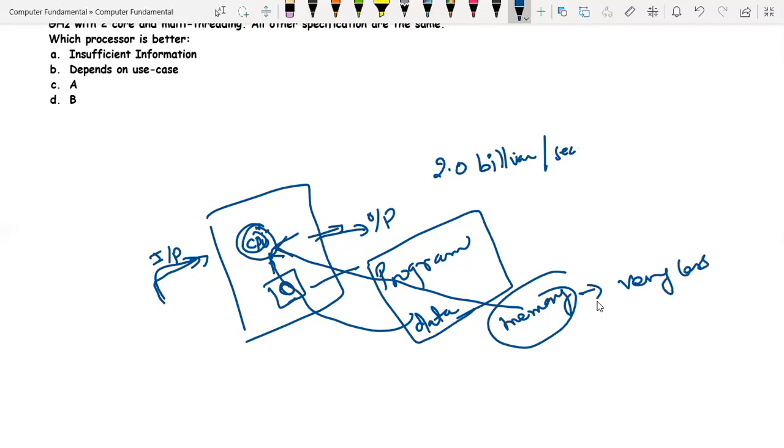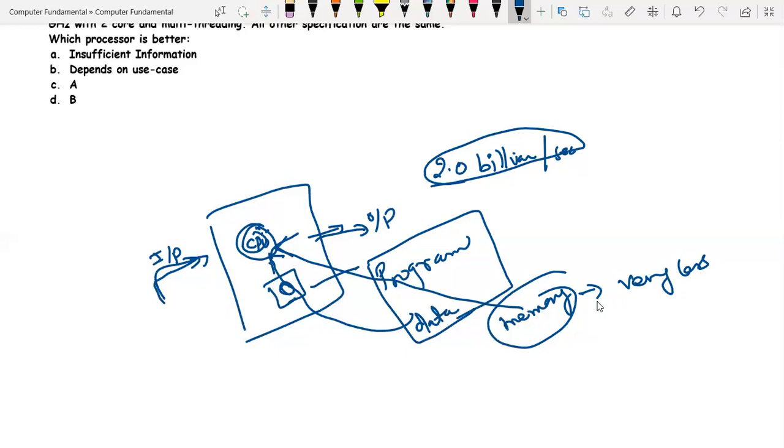Now the problem lies here: your CPU works at the speed of 2.0 billion per second, while your memory is very slow, like your hard disk. Your hard disk is very slow. You can read only thousands or 2,000 instructions in one second. That's your memory speed, and your CPU speed is 2.0 billion per second. So there is a huge gap.